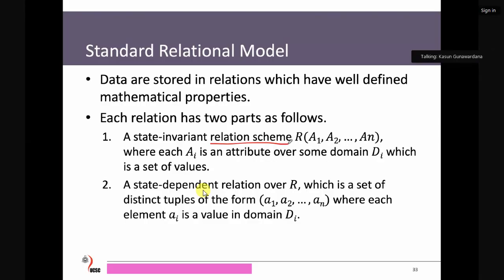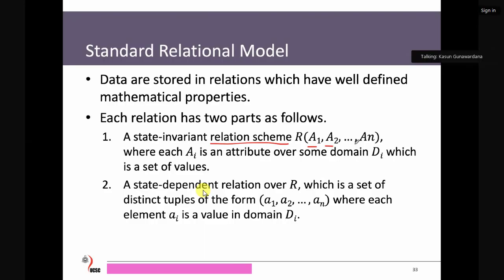As an example, if we take a student relation, there can be many attributes, starting from the student's index number, the name, date of birth, address, and telephone number. All these are different attributes. Each of these attributes is over some domain. What's the domain?